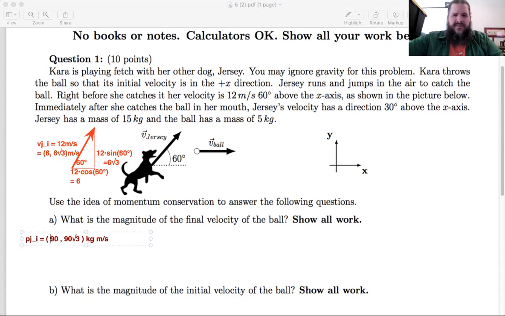Let's go ahead and get a decimal approximation of that though, because we're going to have to be adding this to other values later on. So 90 root 3 is about 156. So that'll be the dog's initial momentum: 90 in the x direction, 156 in the y direction. Any questions on that so far?